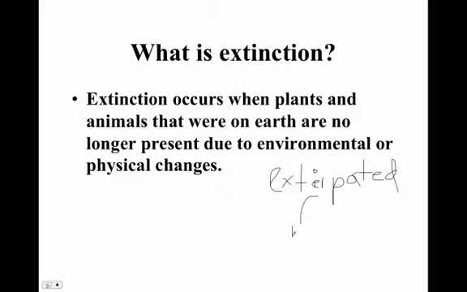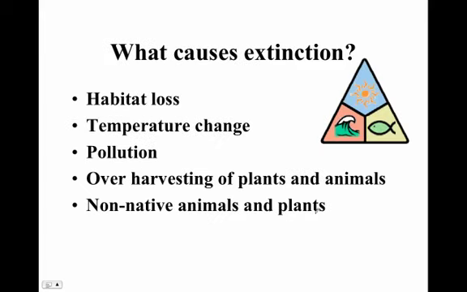For example, bison were extirpated, which means that they were locally extinct, but they were present in other parts of the world. And so we still have bison today. In fact, we're regrowing the population. But something that's been totally extinct means we can never get it back, like the dinosaurs.